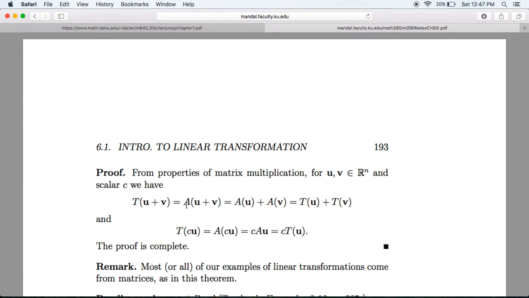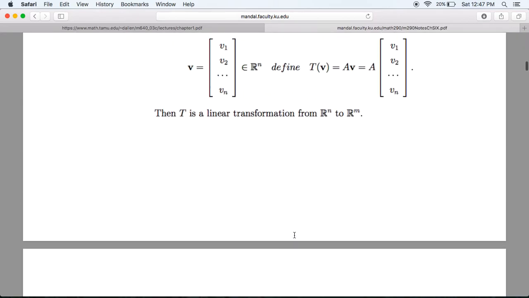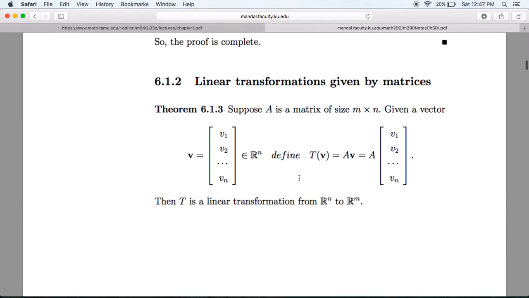We know that multiplying a matrix with the vector u plus v, this matrix multiplication can be distributed over this addition. And this means T of u plus v is Tu plus Tv. And similarly, we can pull out the scalar, and this will give me c times the matrix A times u. Thus, T of cu is cT(u). So, T is a linear transformation.